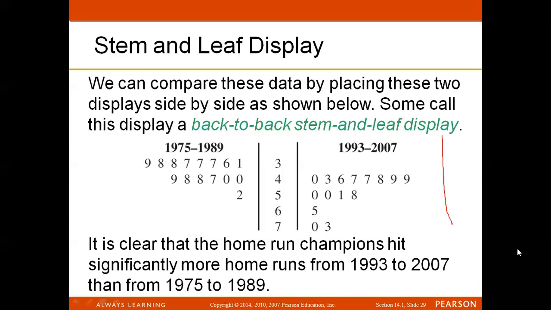A leaf grows from the stem outward. And so from the stem outward is how you grow your numbers, right? Okay. It is clear that the home run champions hit significantly more home runs from 1993 to 2007 than from 1975 to 1989.